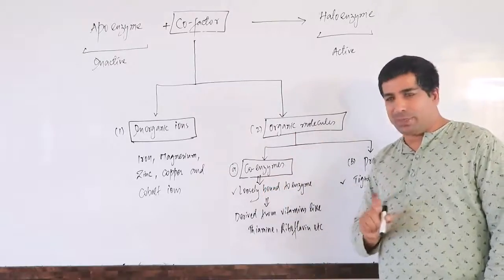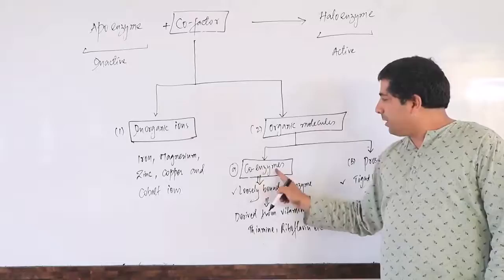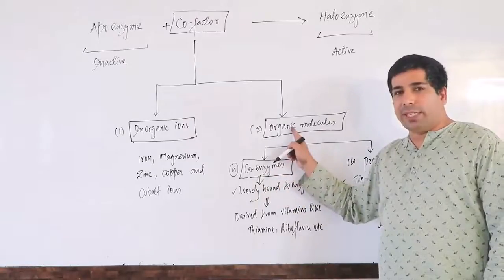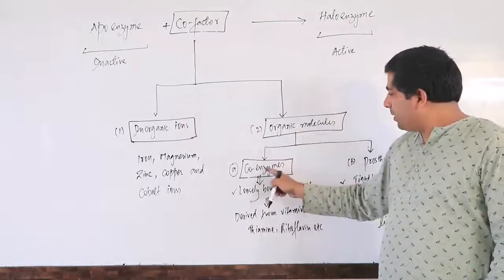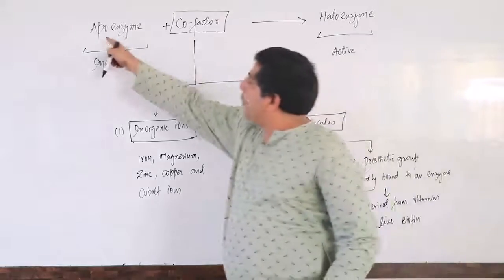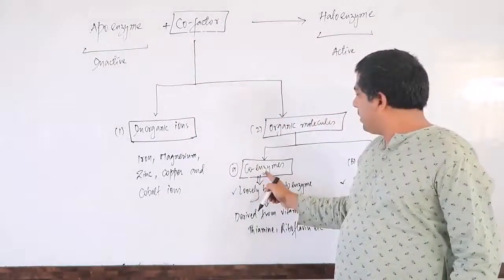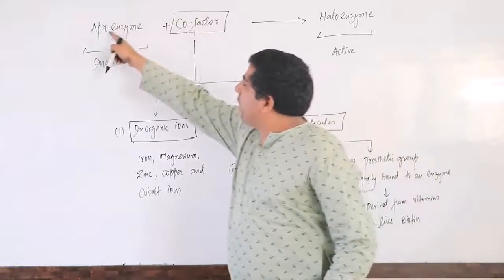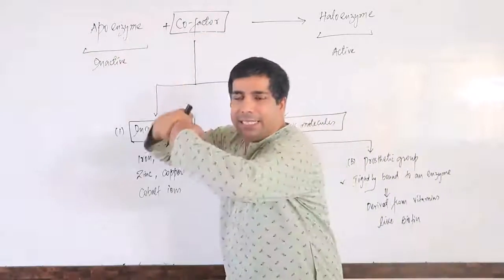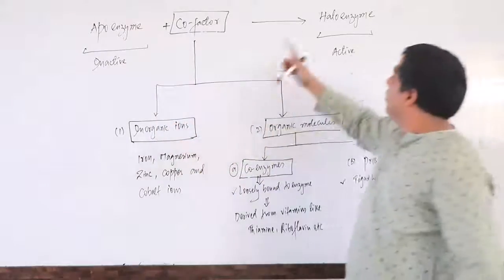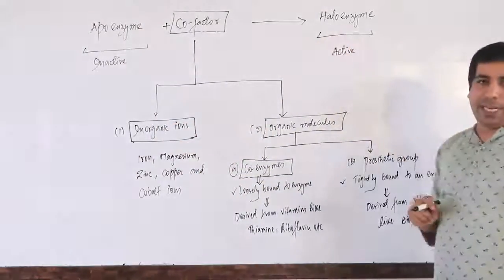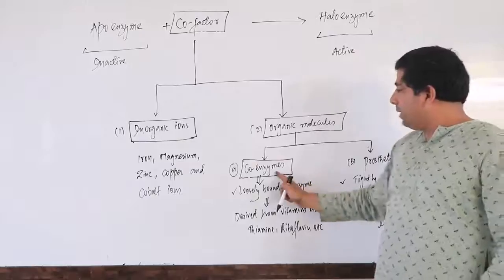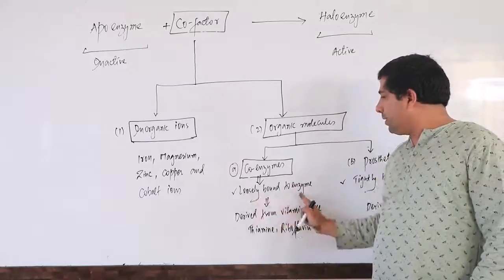Please try to understand, this coenzyme is basically an organic molecule, not an enzyme. If I give this coenzyme to apoenzyme, coenzyme is nothing but an organic molecule, or it is a cofactor. If it attaches itself to apoenzyme, it will give me the holoenzyme, which is active. Correct? Now coenzymes are loosely bound to the enzyme.